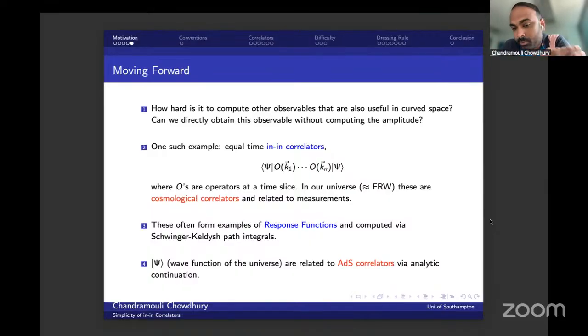And if you were doing holography, then you might be interested in a part of this object, because the states in which you compute these cosmological correlators are directly related to holographic correlators in AdS/CFT. So there are various reasons why you might be interested in objects which are not quite scattering amplitudes, but are also related to either more physical things or more theoretical things in other spacetimes.